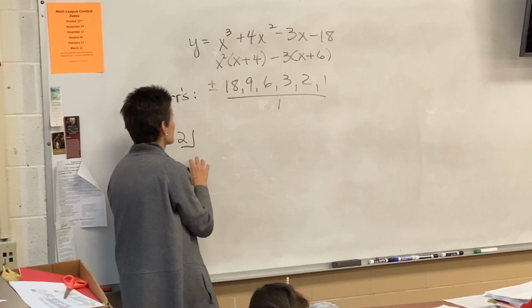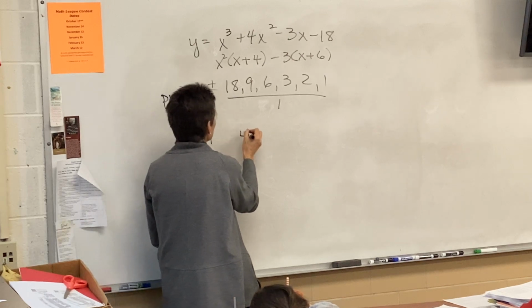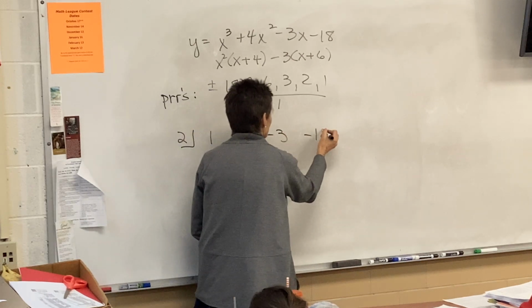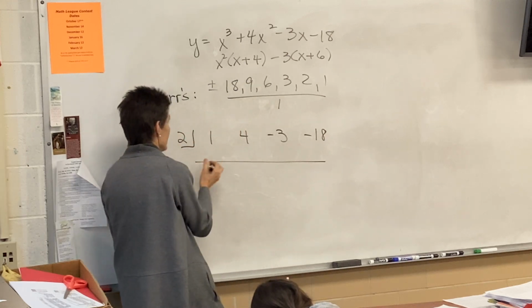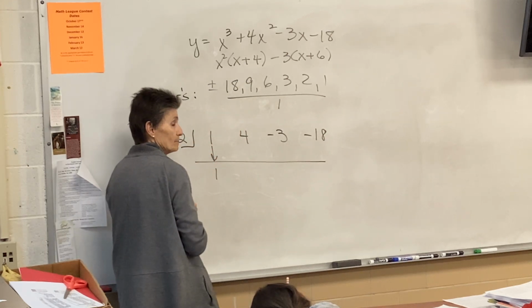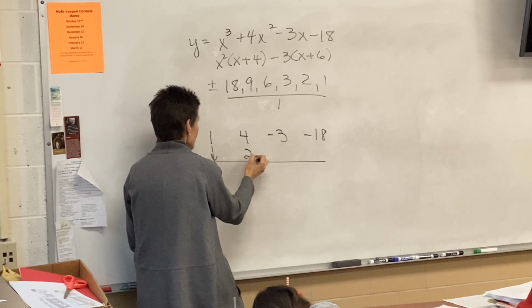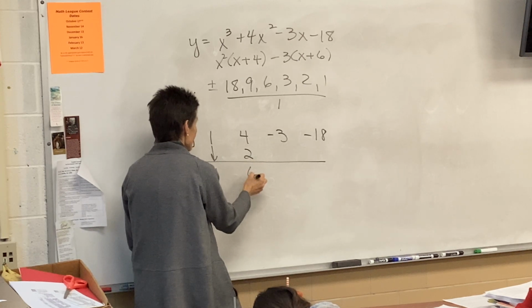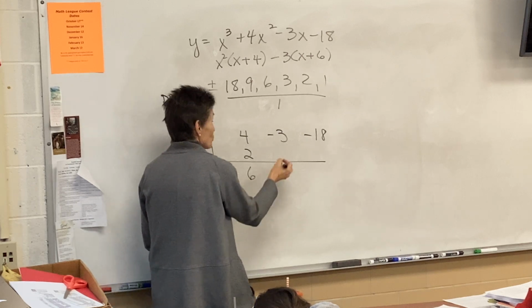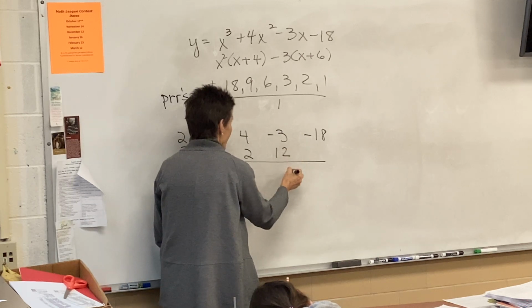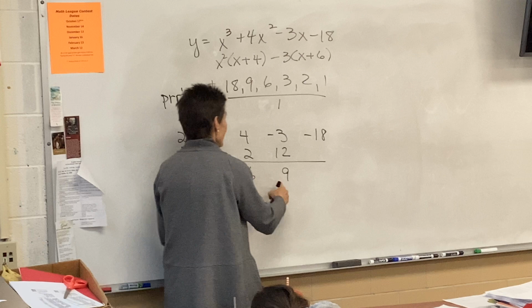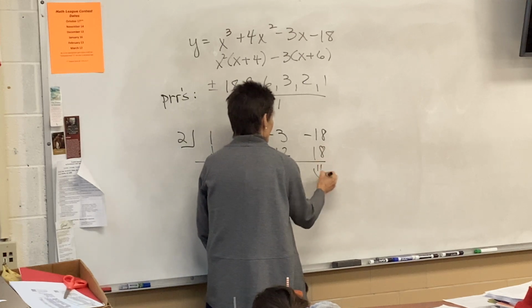And then here are my coefficients. And this is gonna come straight down. And 2 times 1 is 2. Add. 2 times 6 is 12. Add. Oh my golly, you got another one.